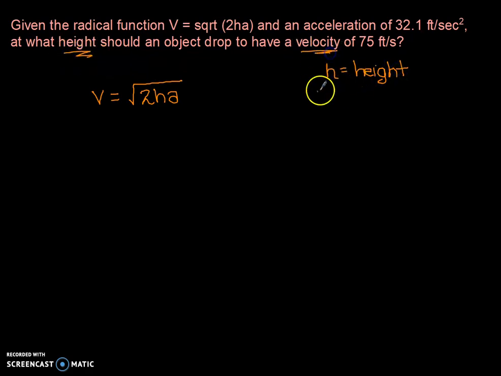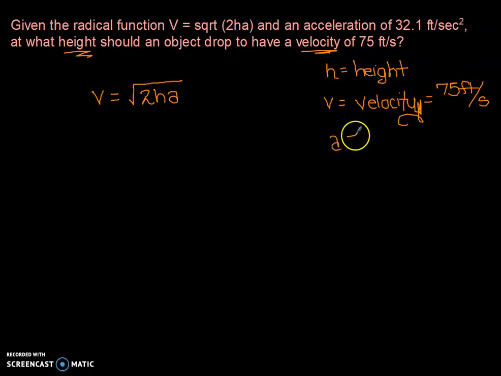The velocity, lowercase v, sorry, that's going to bother me, is velocity, which is given, equals 75 feet per second. And then the acceleration is due to gravity. So when an object is free falling, the only acceleration taking place is gravity, which is a constant 32.1 feet per second squared. I know it says 0.2 on your problem, but I learned it as 0.1, so I'm just going to keep that consistent.